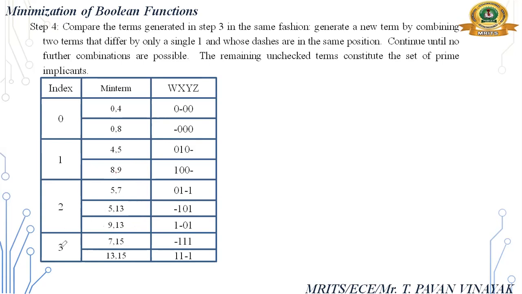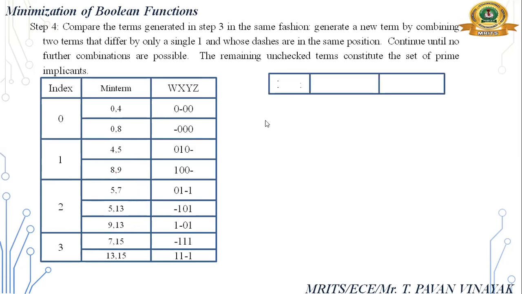Now check 2 and 3. In 2 and 3 we get combinations, so that is named index 3. 5 and 7. You have to check 5 and 7 with 13 and 15 only, because here 7 is available, so no need to check the others. 5, 7, 13, 15.